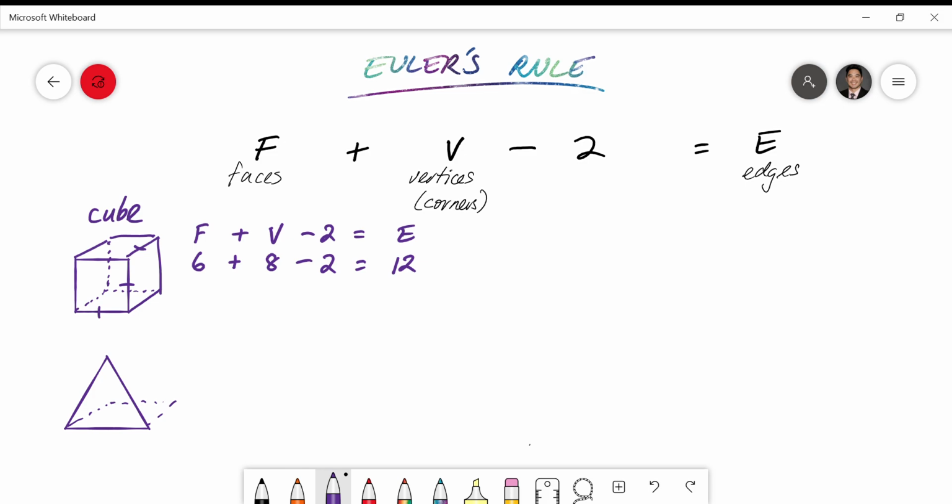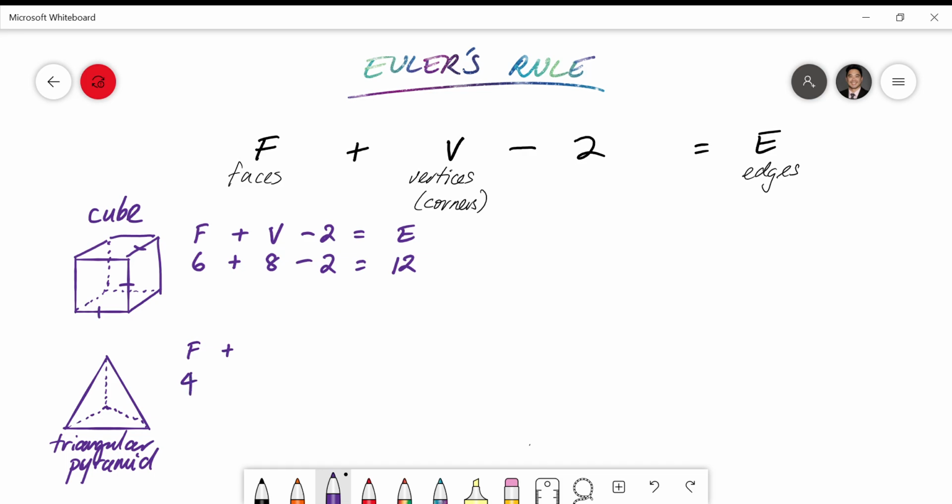Let's make it a triangular pyramid, and we'll apply the same rule. The number of faces we have here is 1, 2, 3 in the front, and then 4 at the bottom.